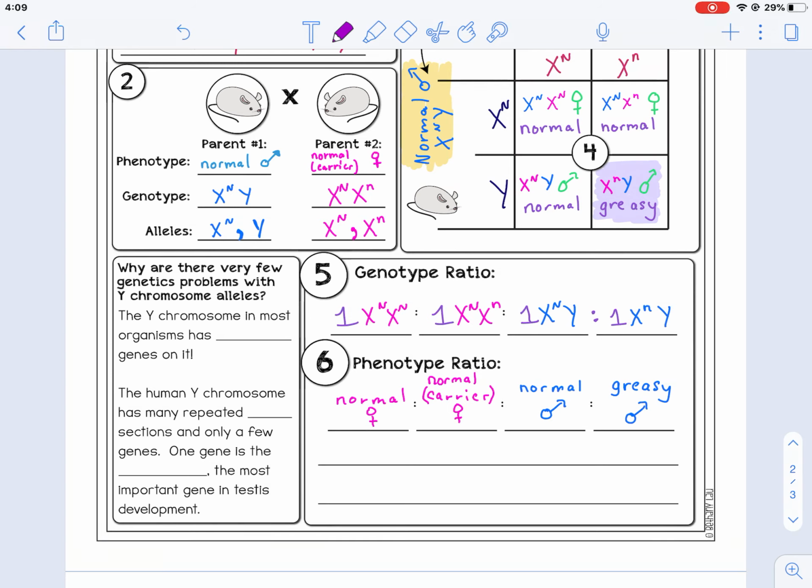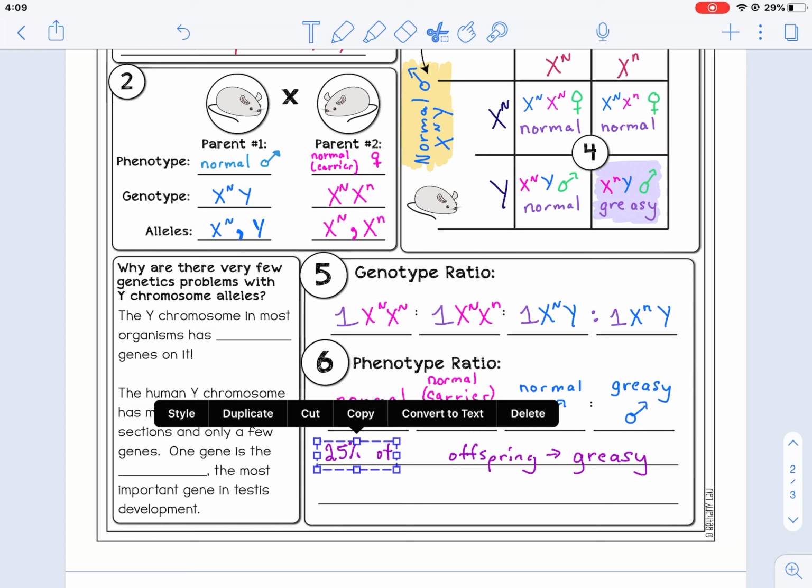So let's write everything out specifically. And actually, I want to add in a specific word here.